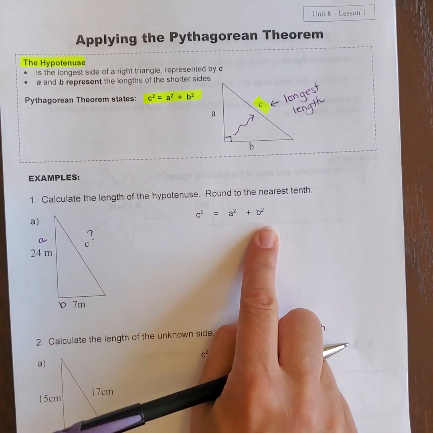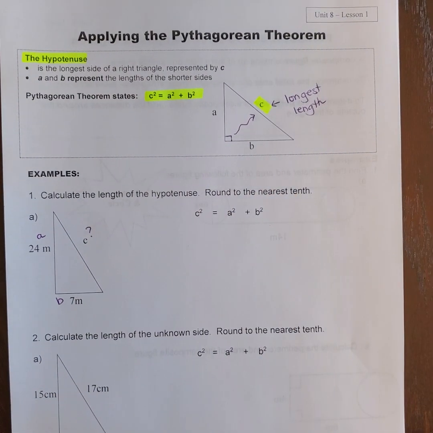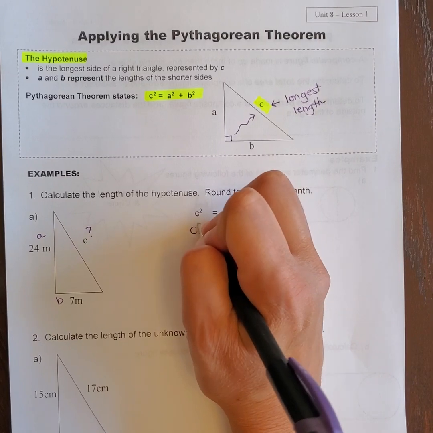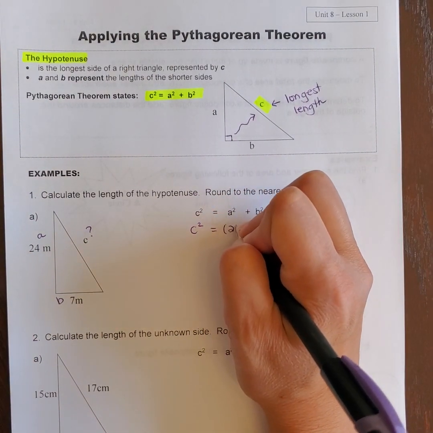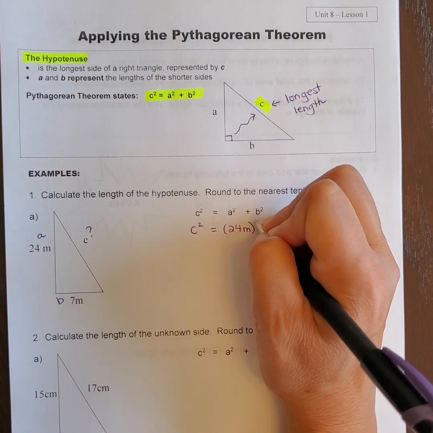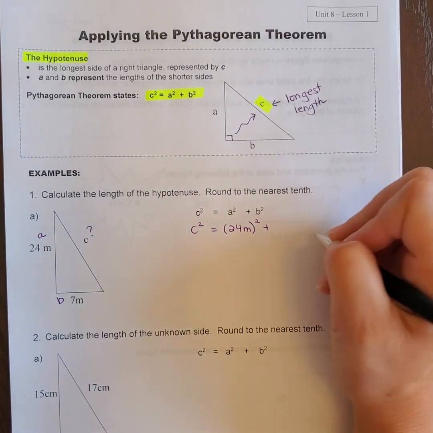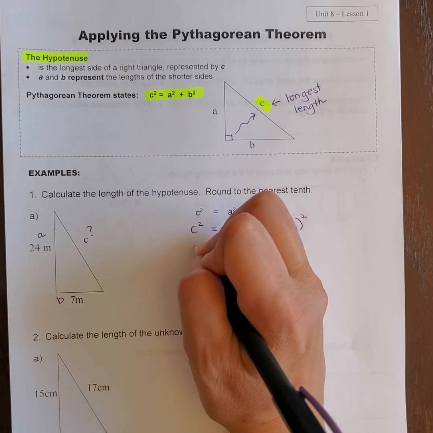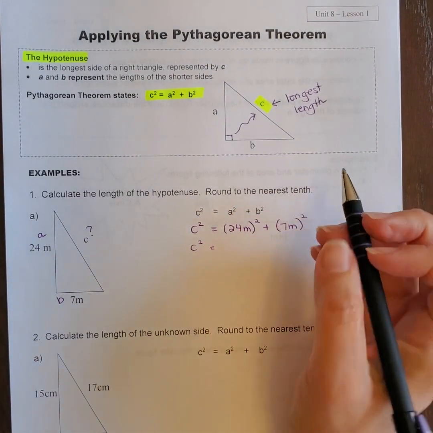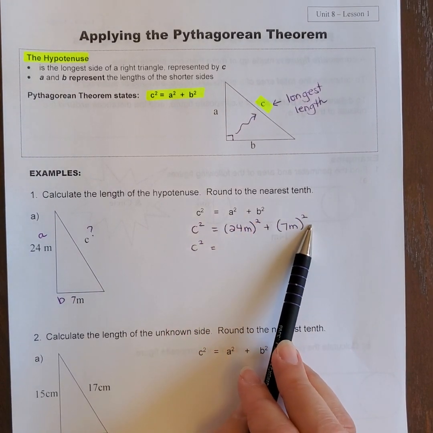The formula is already given, so I'm just going to start filling it out. C squared is my unknown. A is 24 meters, squared, plus B, which is 7 meters, squared. And then I'm going to use BEDMAS, so I have to do my exponents first.